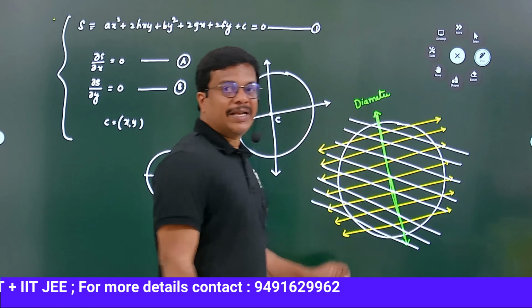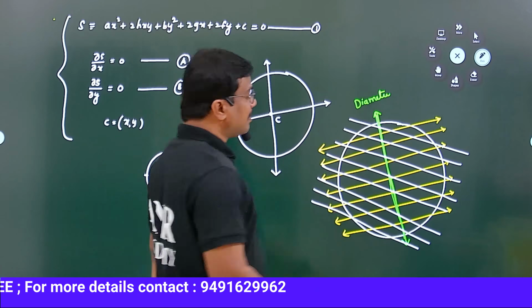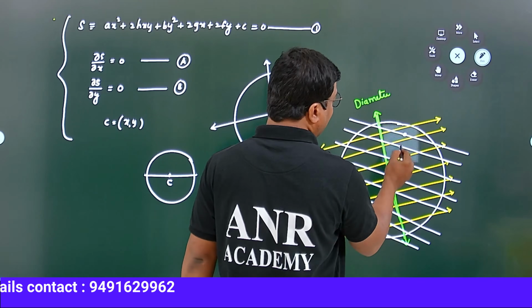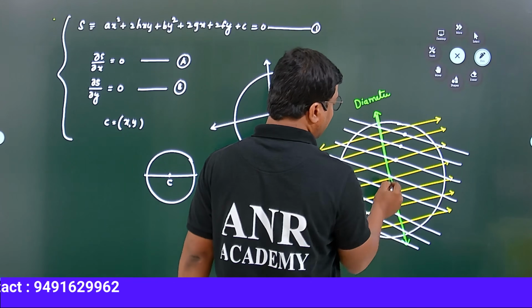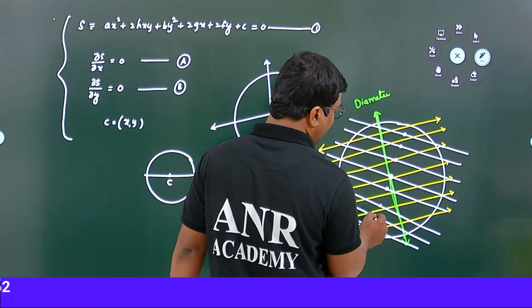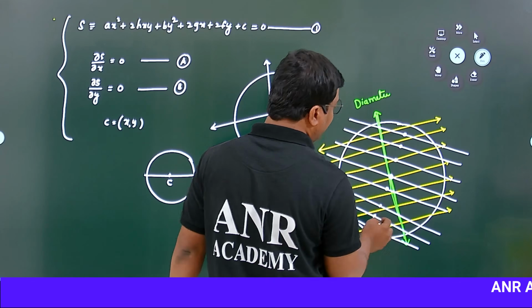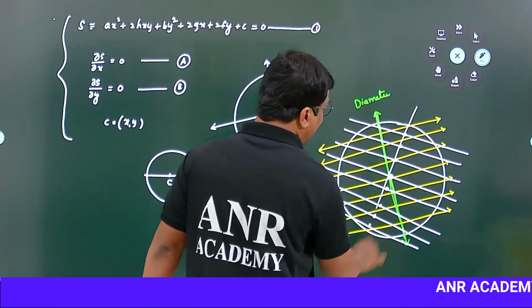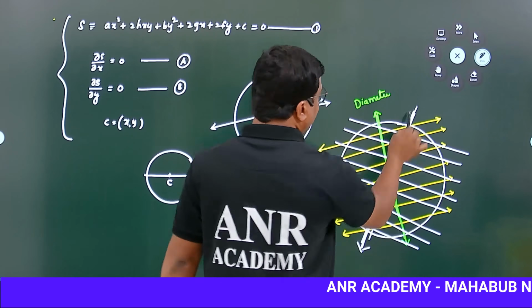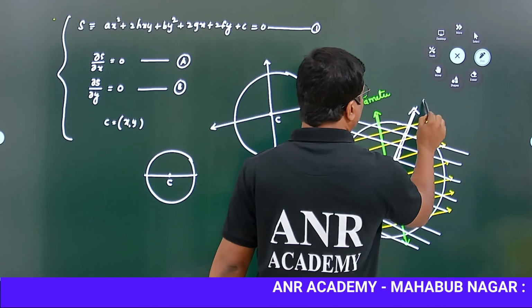Now let us join the middle points of all these. Here there is a middle point, and here this one is also a middle point. Now by joining all these middle points you will get another diameter, right? This one. This is also another diameter.